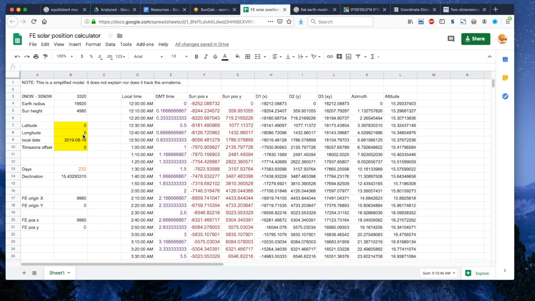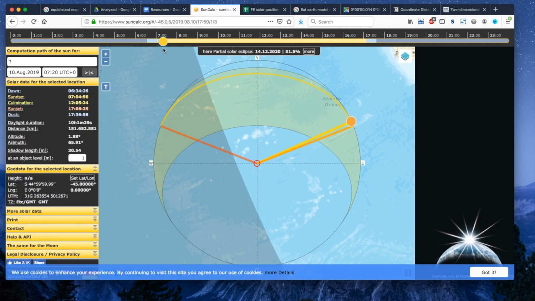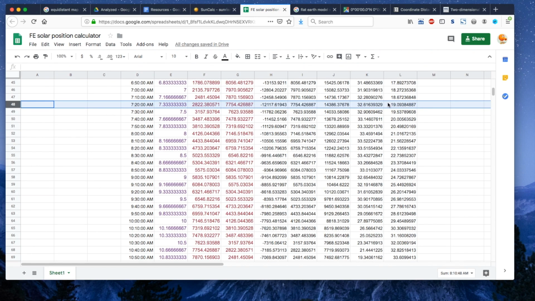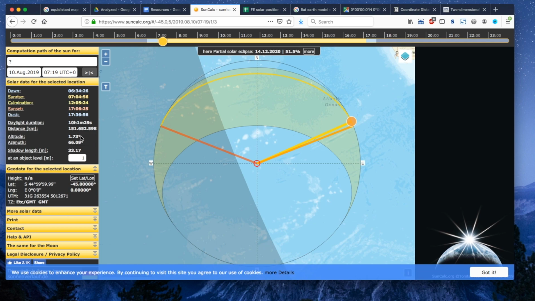A little bit further south, let's try a latitude of minus 45. 720 for minus 45: 19 and 32, 1.7, 66.